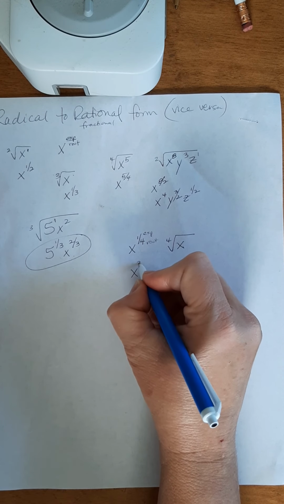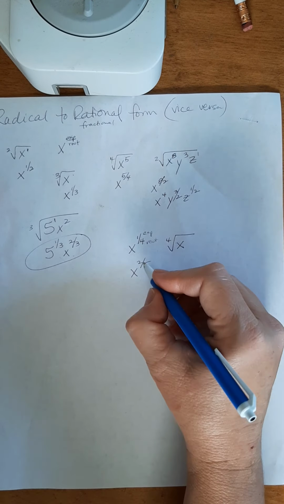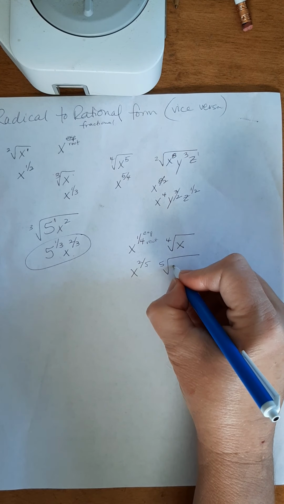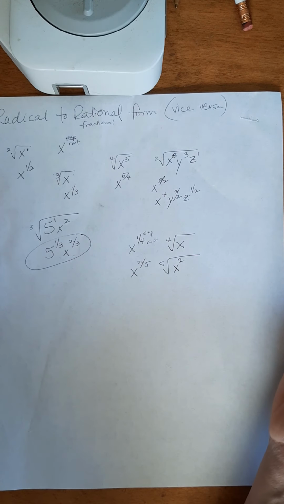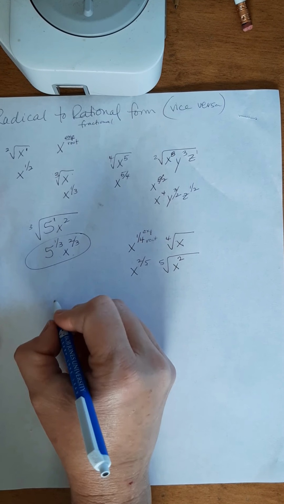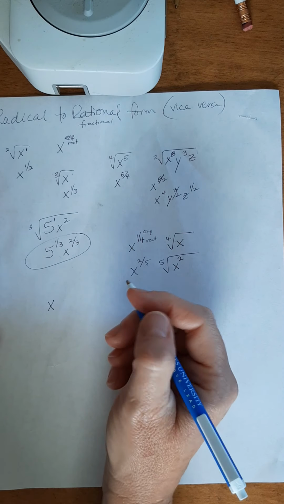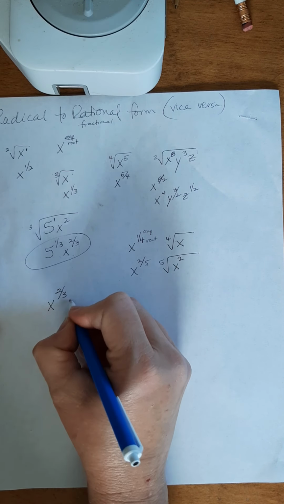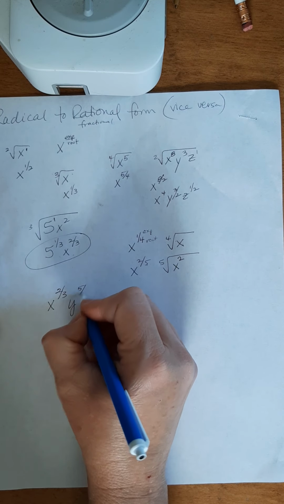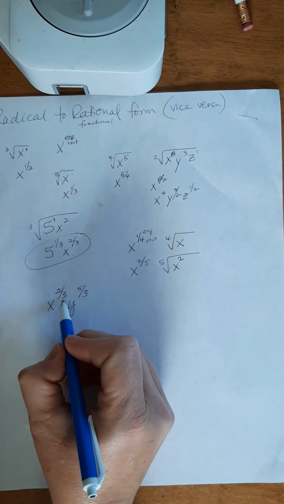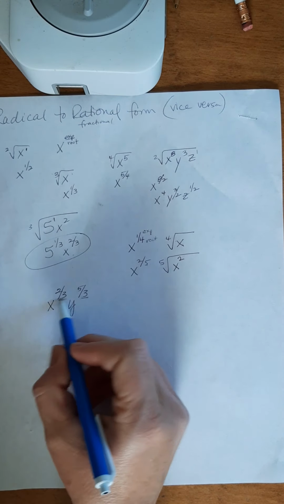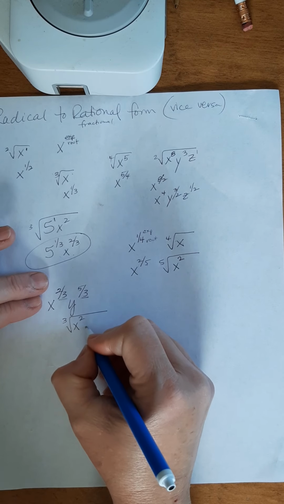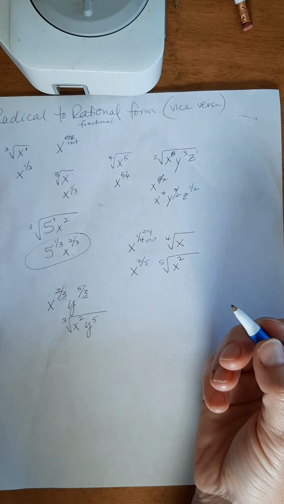Like if I had x to the 2/5, exponent over root, so 5th root of x squared. Even if I had, let's say, x to the 2/3 y to the 5/3. Well, notice how they have the same root, so cube root of x squared y to the 5th.